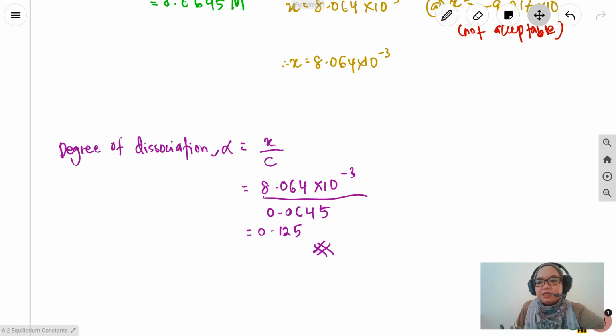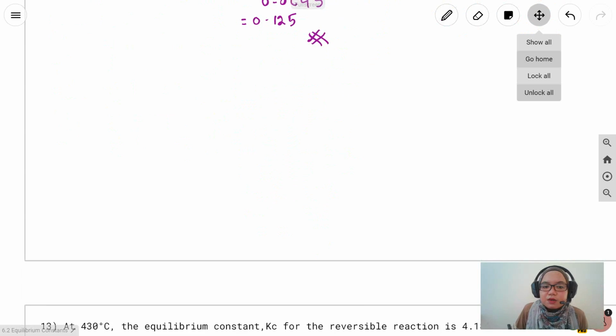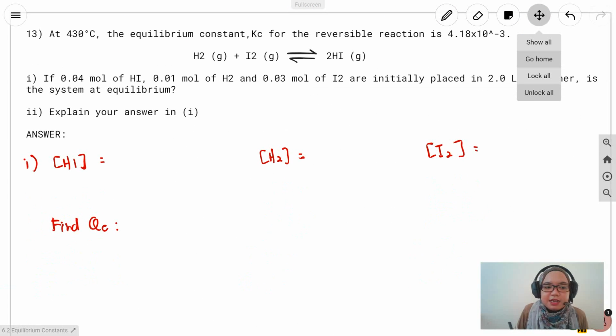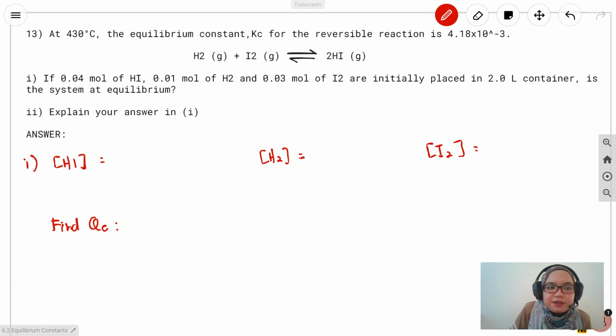Okay. And last one. We go to question 13. It says here that at 430 degrees Celsius, the equilibrium constant Kc for the reversible reaction is 4.18 times 10 negative 3.